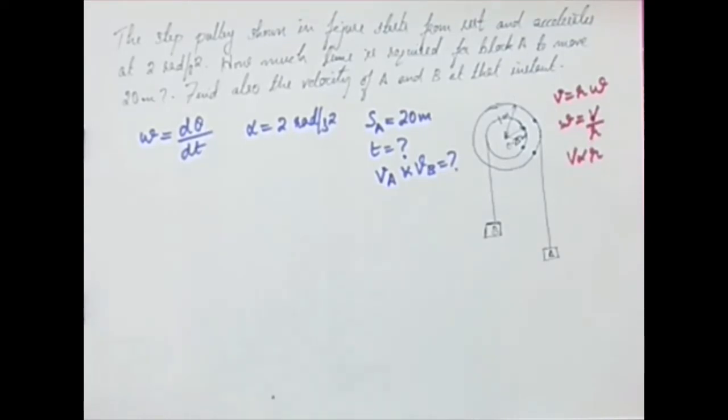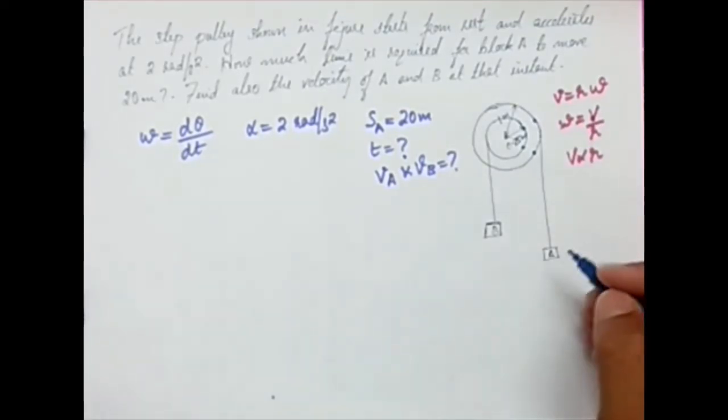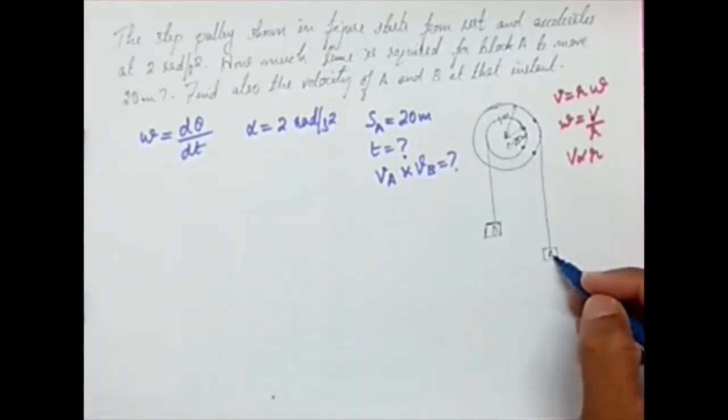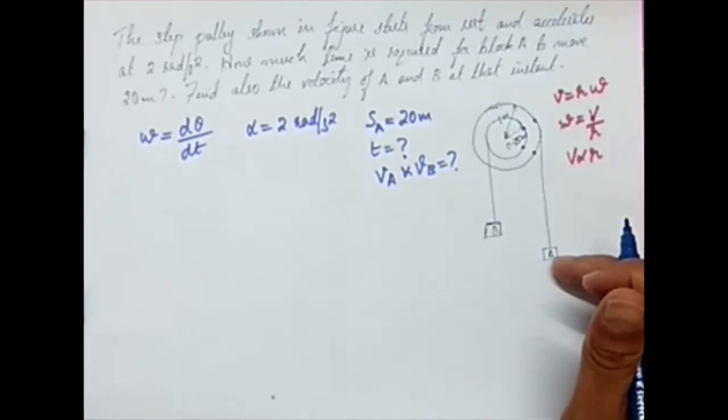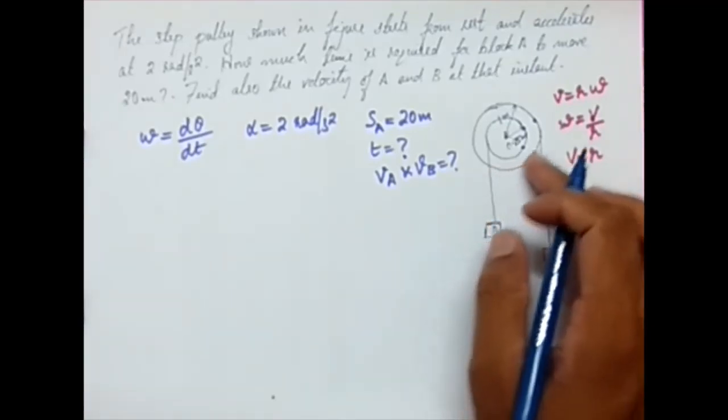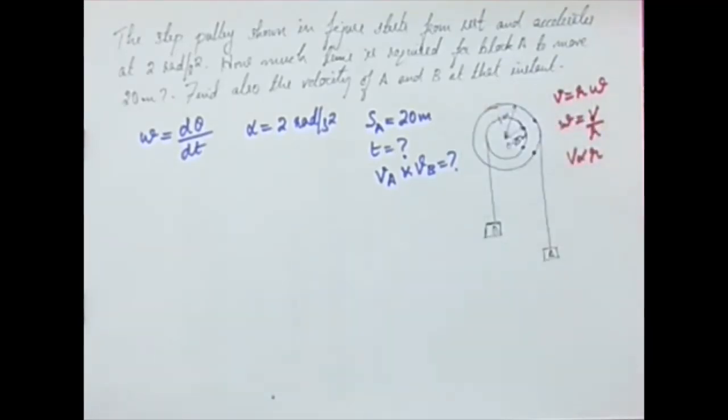So let's see how to solve this. I'm going to consider that A is moving by 20 meter. When A moves by 20 meter, what will be the angular displacement?